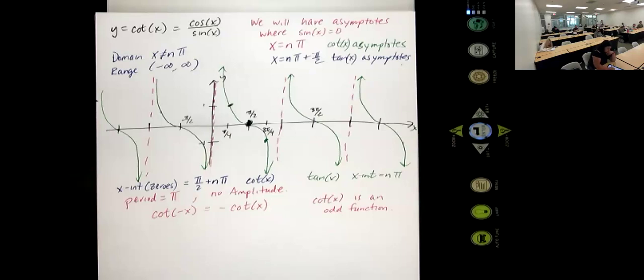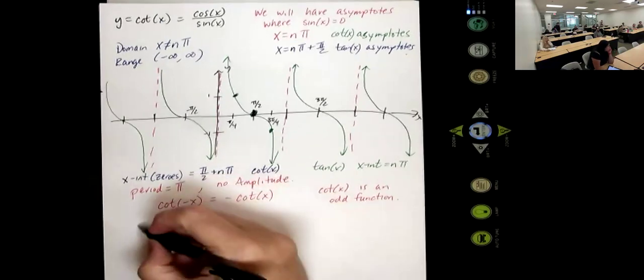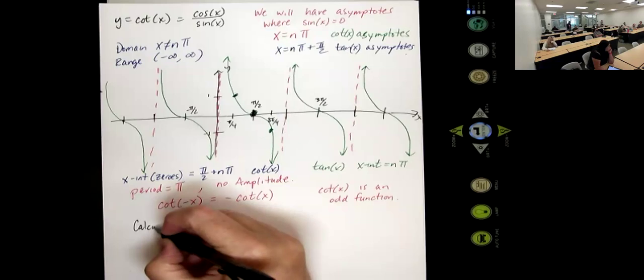Why do I keep saying odd and even function, why do we care about odd and even function? Let me give you a little flavor of what's gonna happen in calculus. In calculus, you're gonna look at area under the curve.